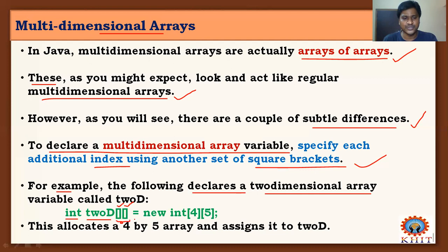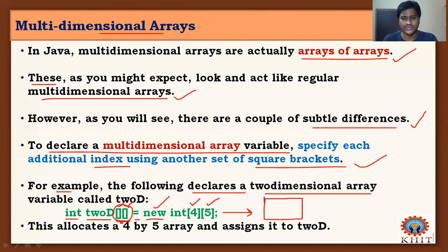As usual, we use the equal to operator and the new operator to allocate memory, and the specification is 4 in the first square bracket and 5 in the second square bracket of this declaration.